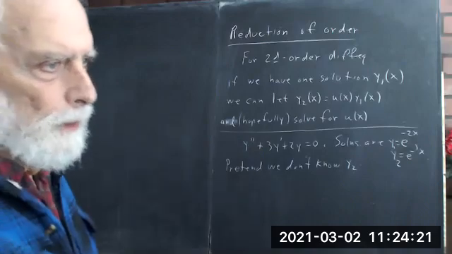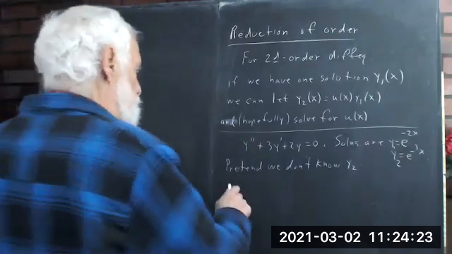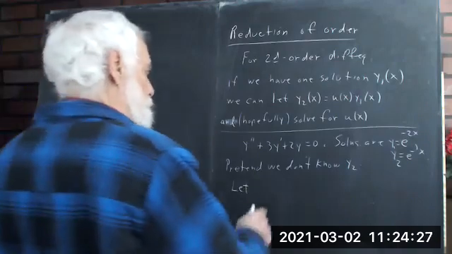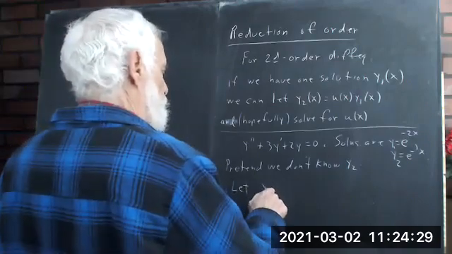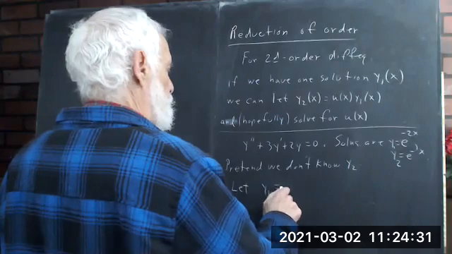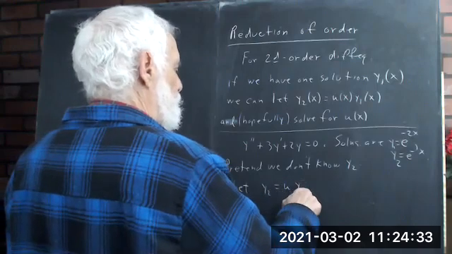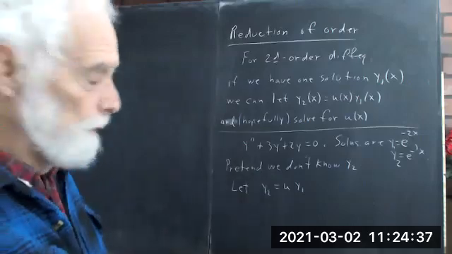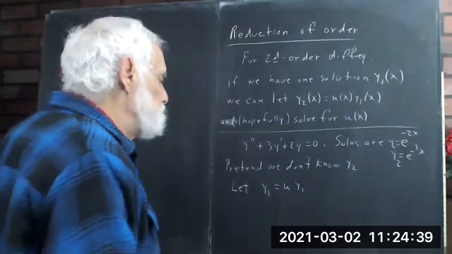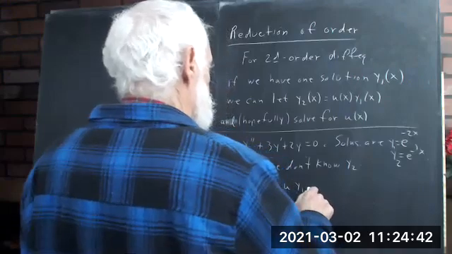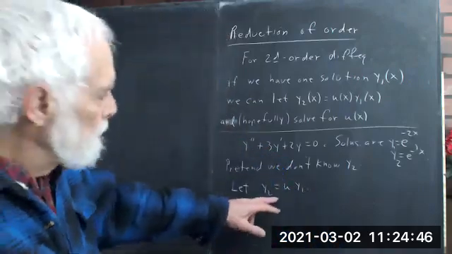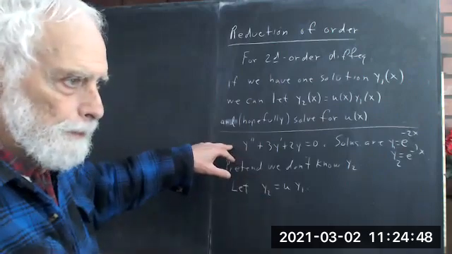Now pretend we don't know y2. Let y2 equal u times y1. And see what happens. Plug this into this equation.